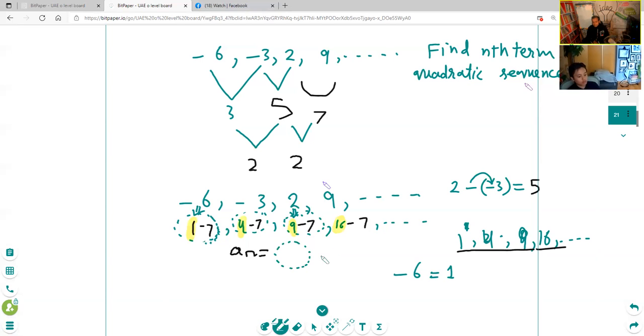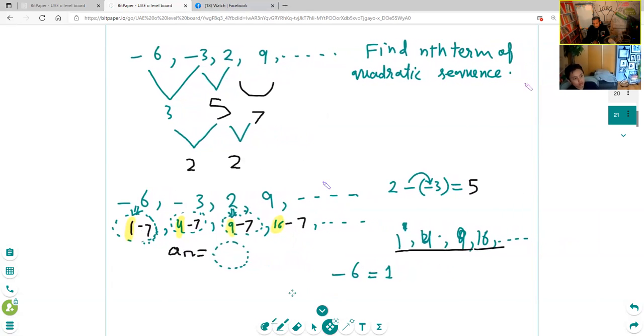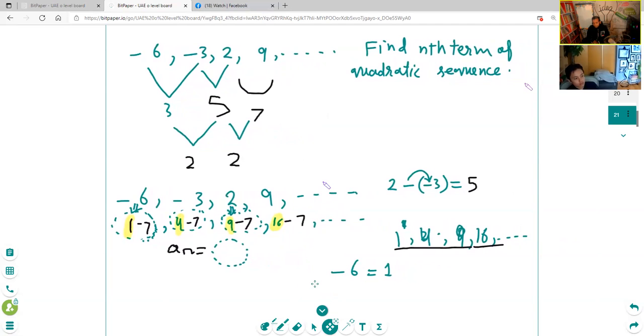Can you write the nth term of 1, 4, 9, 16? You understand? The nth term of square numbers is n square. The nth term of cube numbers is n cube.